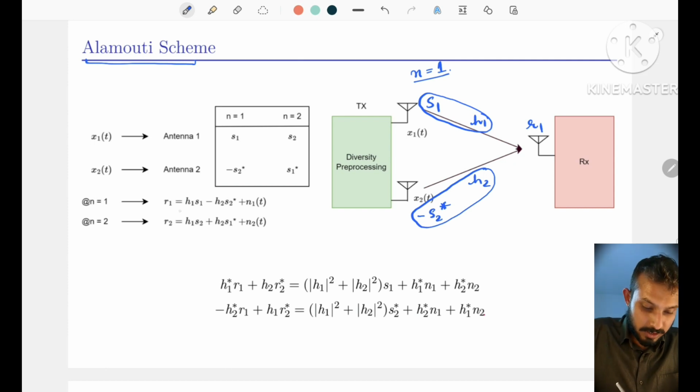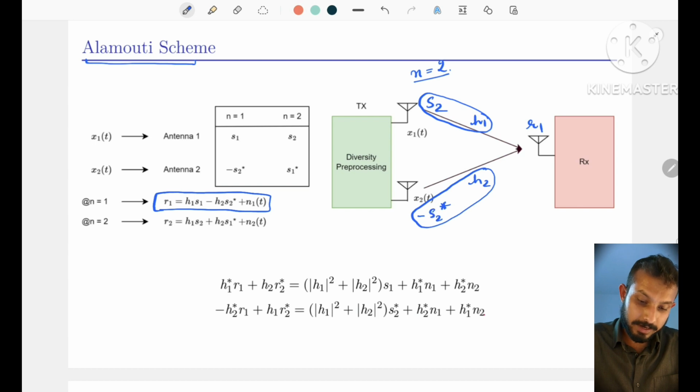So this is what is written here. Now at n equal to 2, antenna 1 is sending S2 and antenna 2 is sending S1 conjugate. So again, we can write R2. R2 will be equal to H1 S2 plus H2 S1 conjugate plus N2(t).